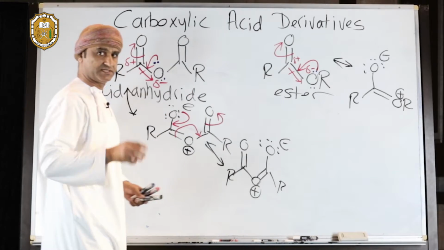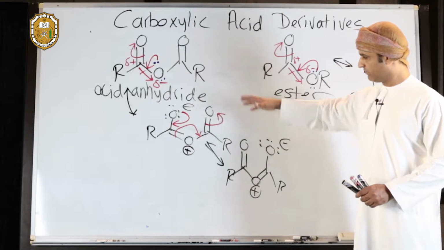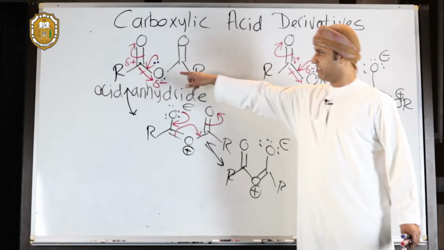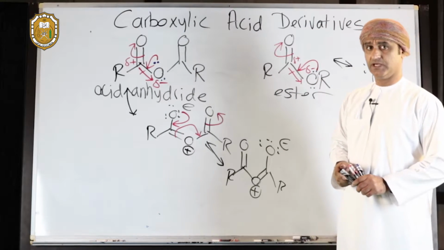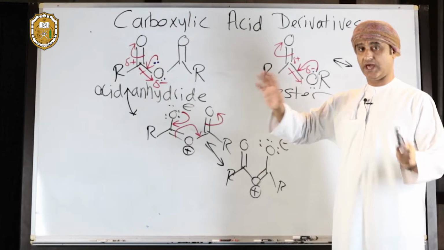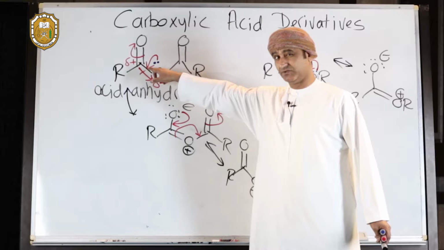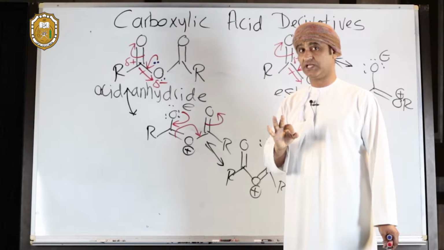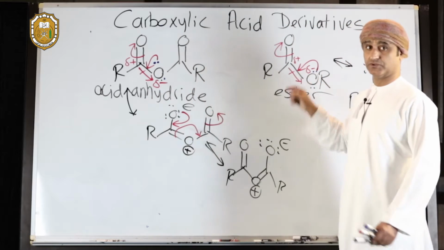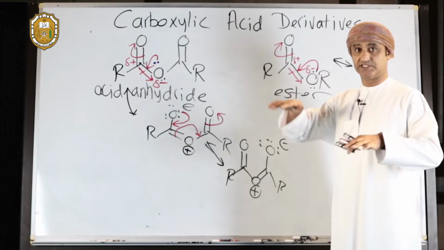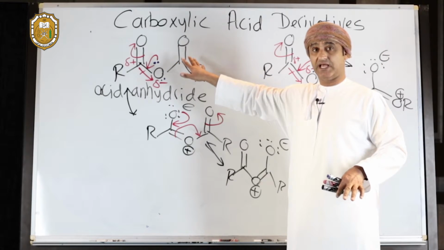Now, in the case of esters, that carbonyl group is not present. It's only a simple ester. So the resonance donation by this oxygen, which is flanked by two carbonyl groups, can be spread over two carbonyl groups. So resonance donation, with respect to that carbon as a reference, is now less relative to esters, because it is spread over two carbonyl groups. So resonance donation is not as strong.